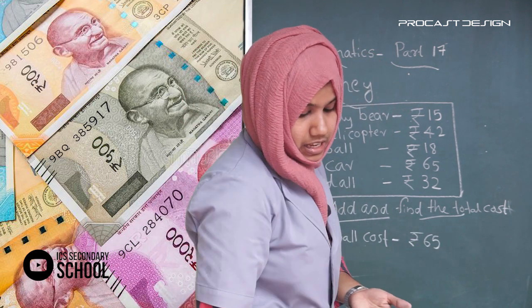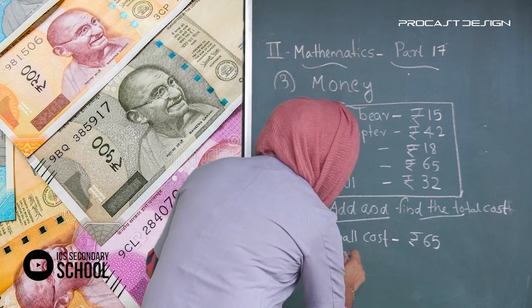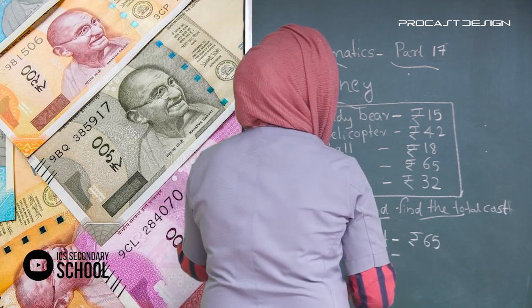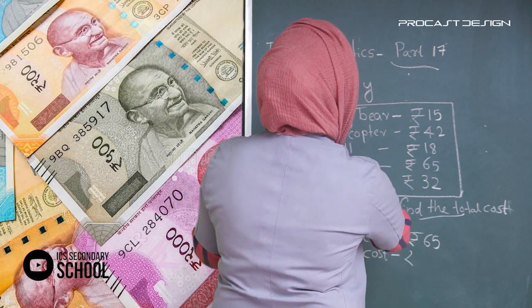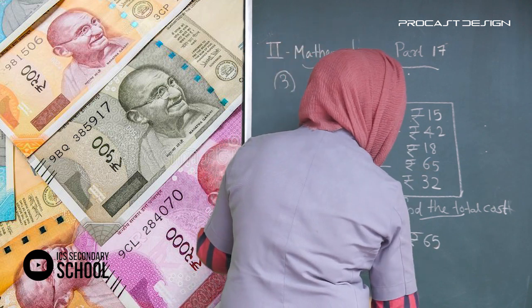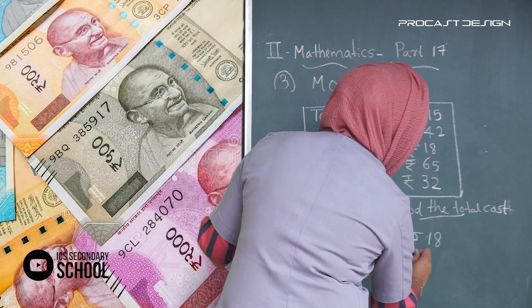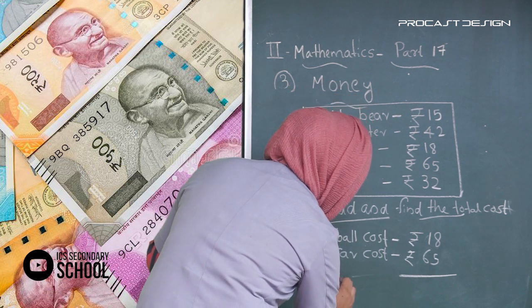Next one is a car. How many rupees does a car cost? 65. Now we have to find out the total cost.